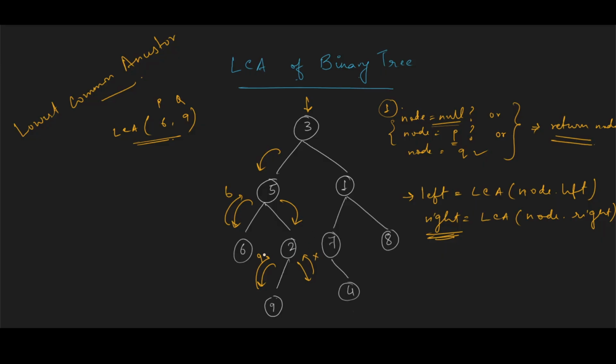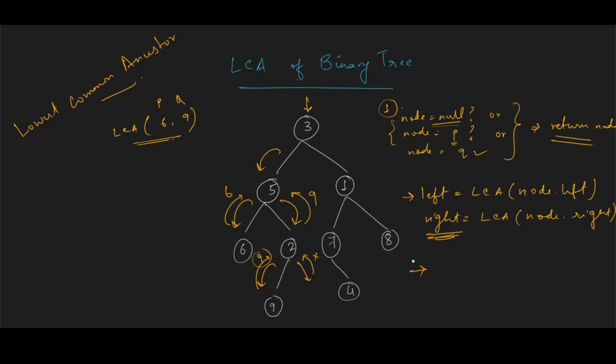So 2 has got 9 from its left child and null from its right child. So what do we do in this case? As I have explained previously, this means that we have some target which is in the left subtree of 2, since from the right side we are getting a null. So we will bubble up this value. We will return 9 from 2.